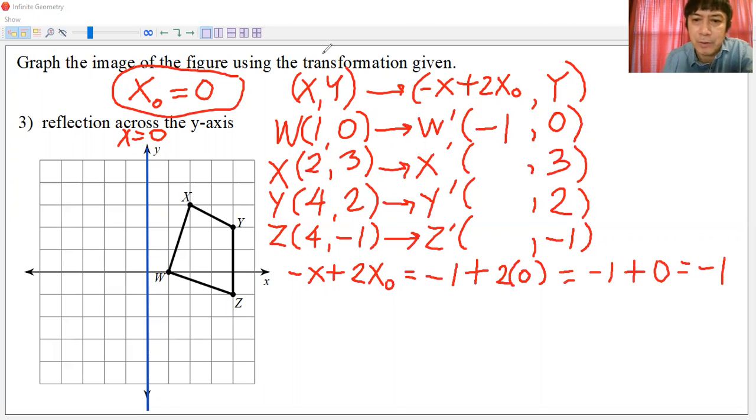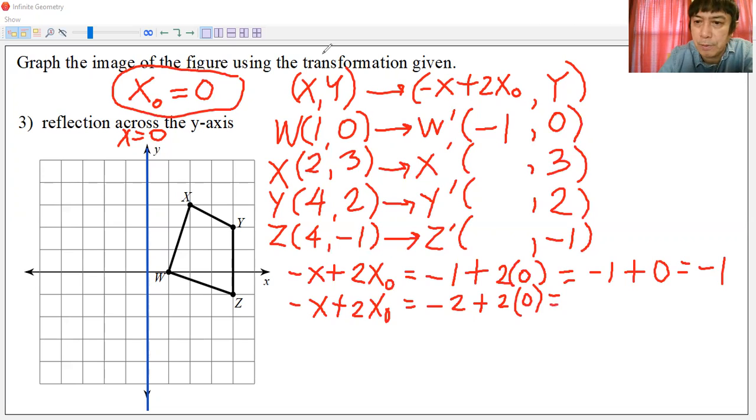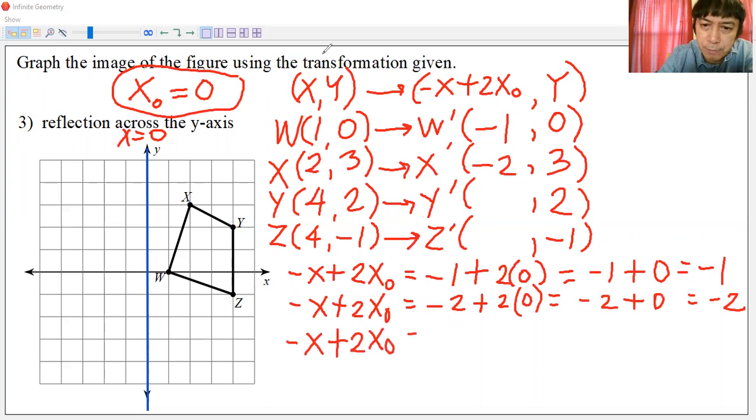Okay, and so this will continue like negative x plus 2 times x of 0, negative of the x. For the point X, the x value there is 2. Plus 2 times 0, this is -2 plus 0, it's a -2. Next, negative x plus 2 times x of 0, negative of the x value. From point Y, the x there is 4.